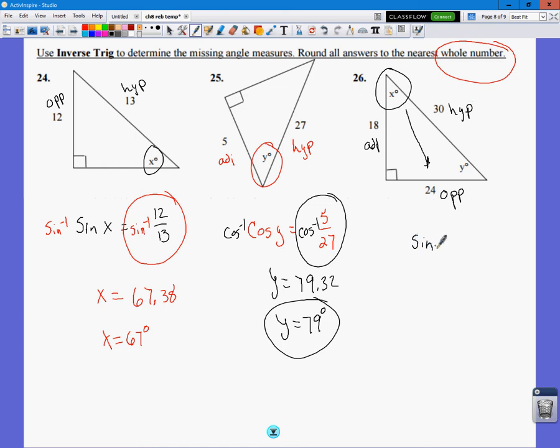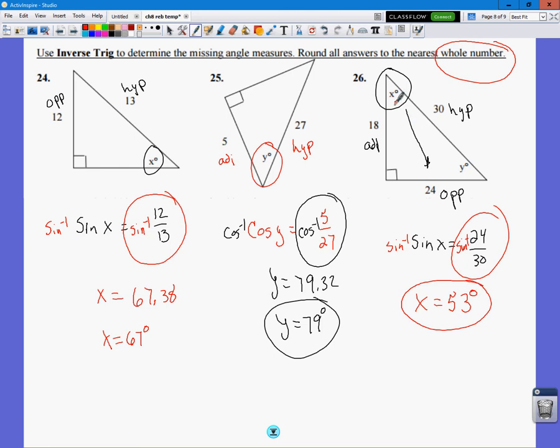The sine of x is equal to 24 over 30. And again, I'm going to use an inverse function to find it, so I'm going to use inverse sine. This is what gets keyed into the calculator. So I take 24, divide 30, and I use the second function sine button to find out that this is 53.1, which is 53 degrees.